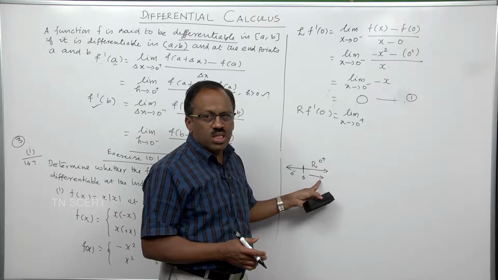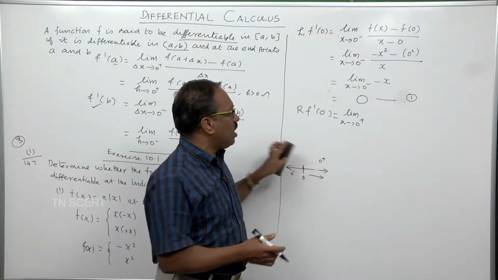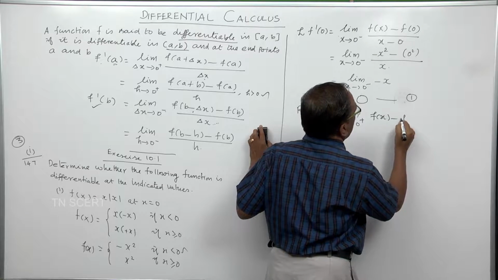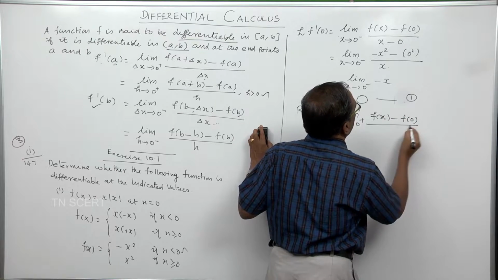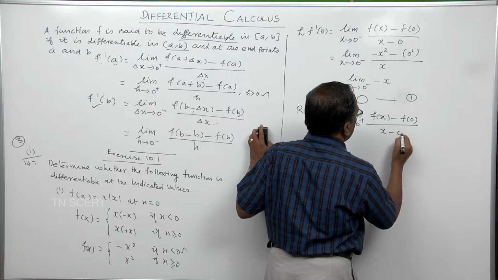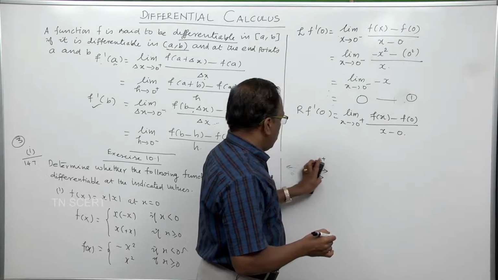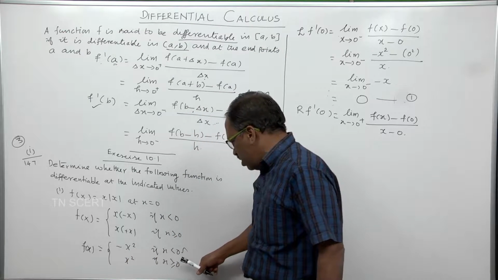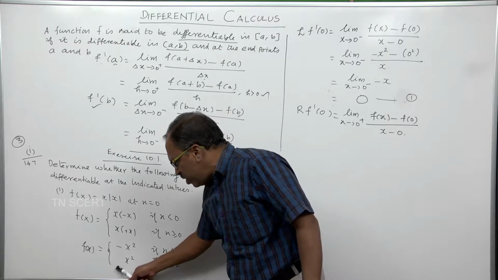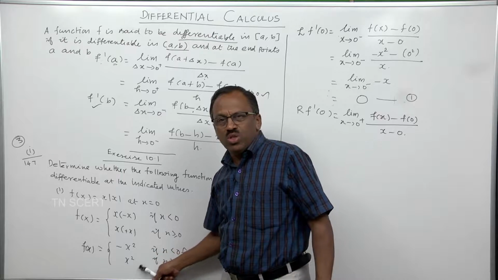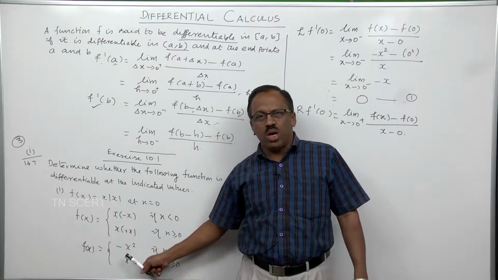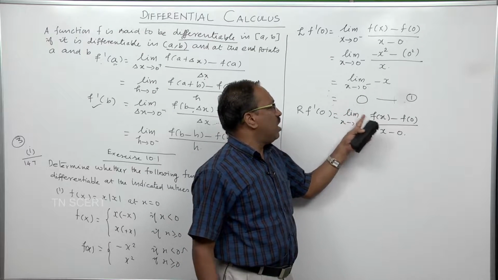Now, I have taken the second part. Remember that, f of x minus f of 0 over x minus 0. For x greater than 0, this function exists. The first part we took was minus x square, and for the second part we take the other one.